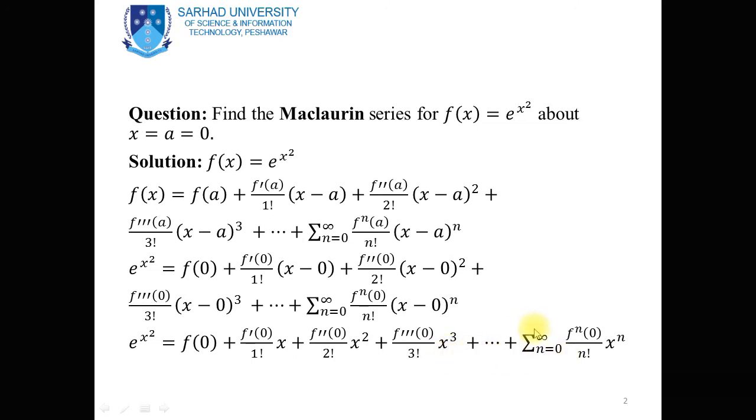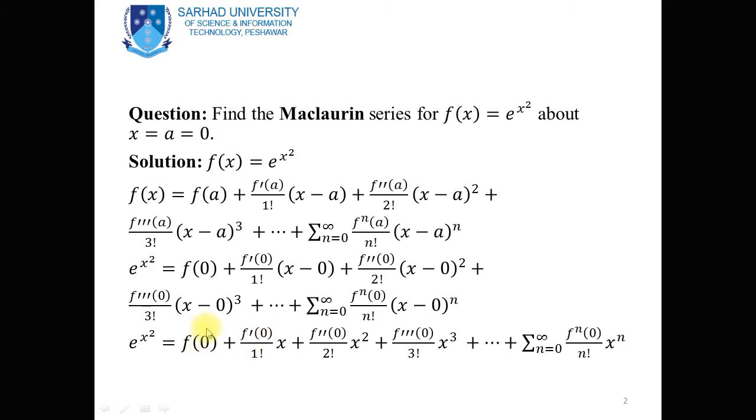Sigma n is equal to 0 up to infinity, nth order derivative of the function at x is equal to 0 divided by n factorial into x power n. So putting x is equal to a and a is equal to 0 in this Taylor series, we obtain the Maclaurin series for any function f of x.